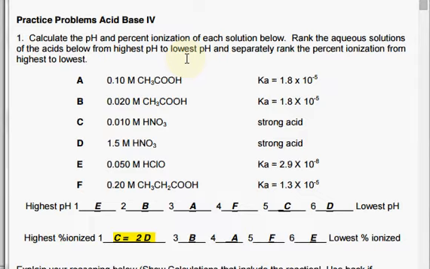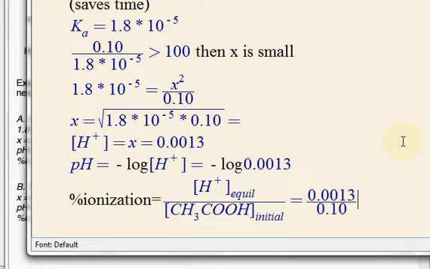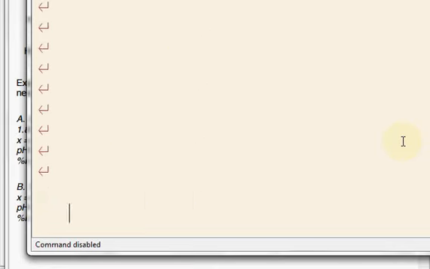For C, you have a strong acid, and so the ICE table is quite easy. All of it ionizes. So, HNO3 goes to H+ and NO3-.